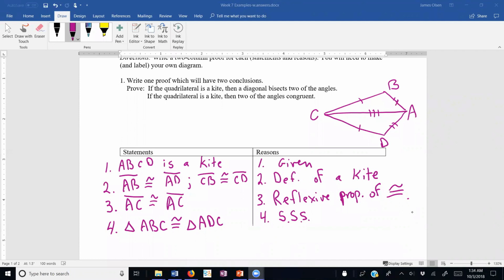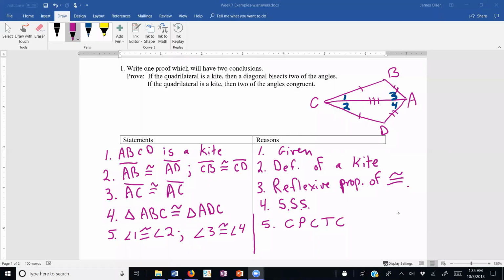Now the angles are going to be congruent, and I think I'm going to number these to make it a little bit easier to write them down. Angle 1 is congruent to angle 2, and angle 3 is congruent to angle 4, by corresponding parts of congruent triangles are congruent. Now I can conclude that two of the angles are bisected.